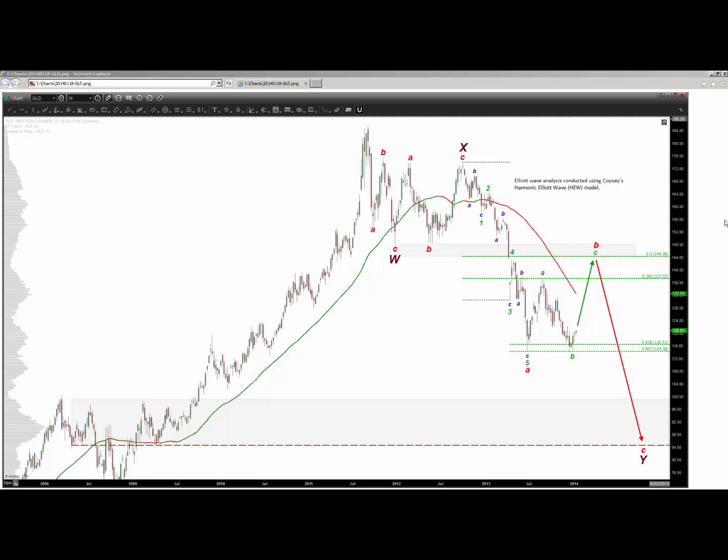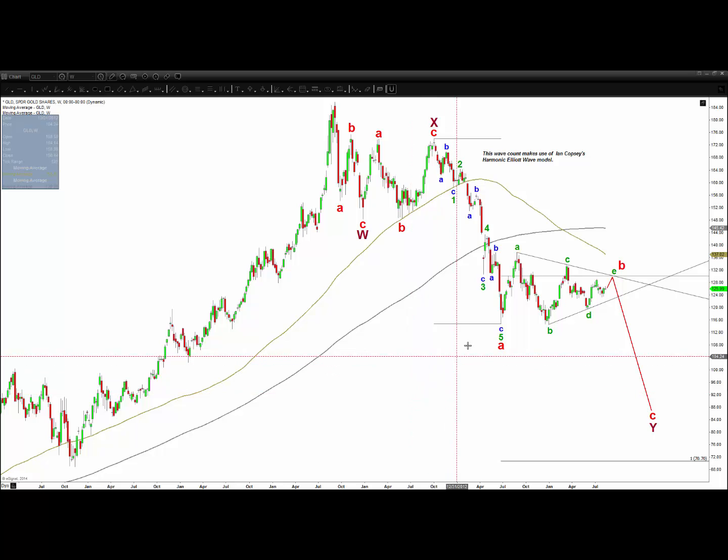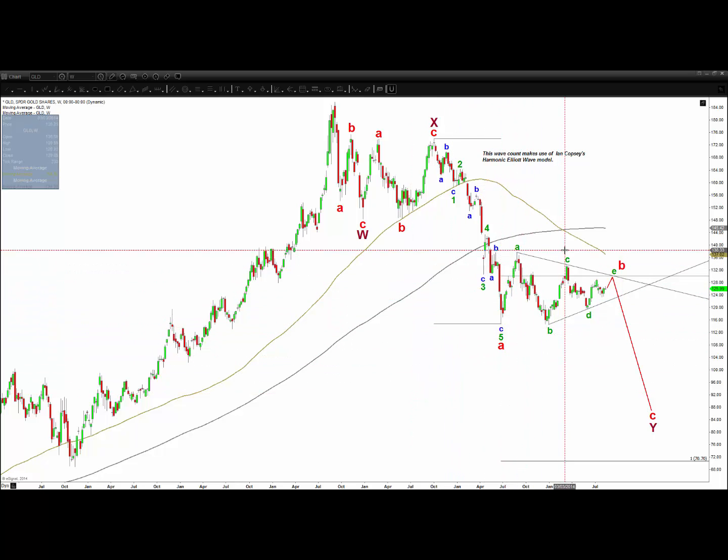So let's go ahead and update this chart and see what has happened since. And here you go. I fast forwarded to August 2014. It's clear by now that what I originally thought to be an unfolding ABC flat formation turned out to be another form of sideways movement, a contracting triangle in this case, ABCDE.